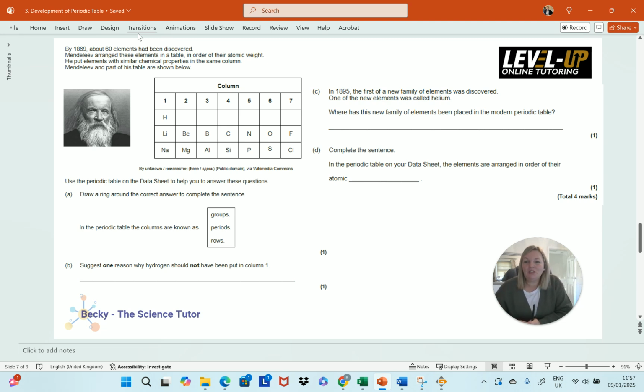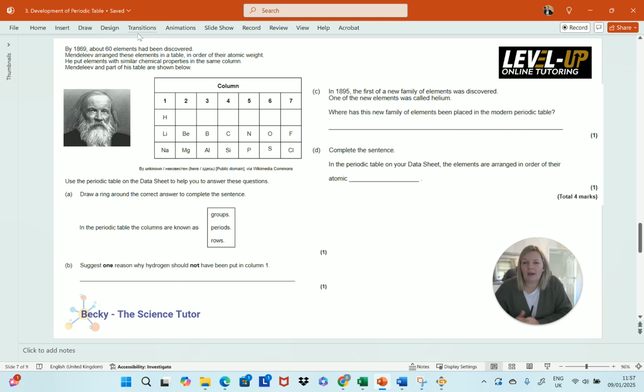So Mendeleev arranged these elements in a table in order of their atomic weight, but he put similar chemical properties in the same column. So rather than just put them next to one another, so hydrogen, helium, lithium, beryllium, boron, he put hydrogen, then hang on a minute, nothing else quite fits that, so let's leave some gaps, let's put the next ones in the next rows.